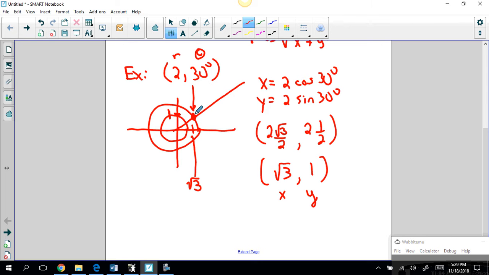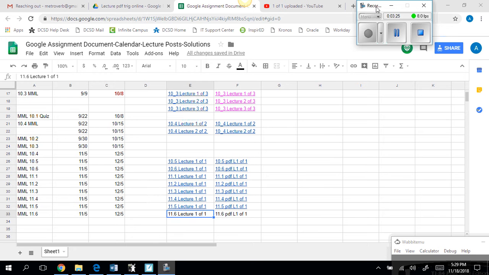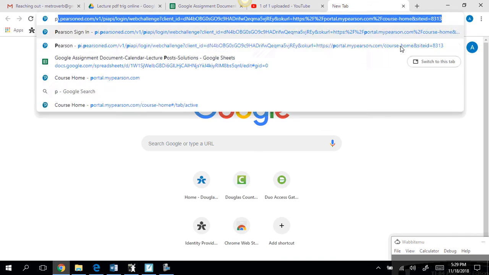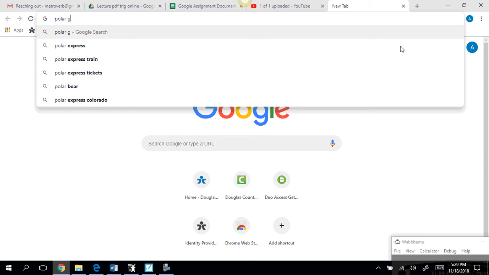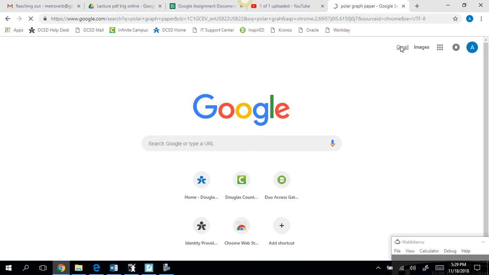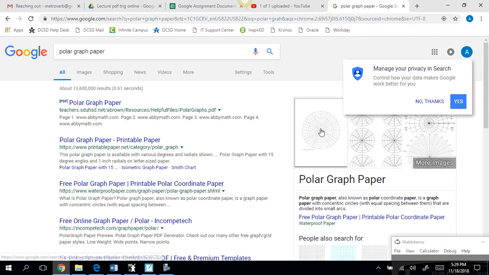What was easier? Well, I think this is easier, as long as somebody provides some circular gridded paper. It'd be awesome with all the 30s and 45s and 60s on it. It's actually called polar paper. We can go to the internet. Let me see. Polar graph paper. Here we go.